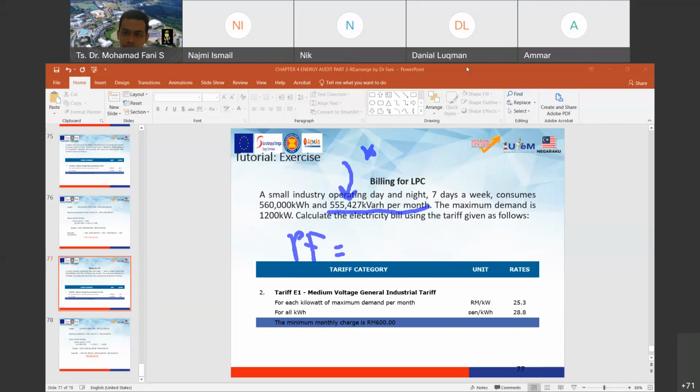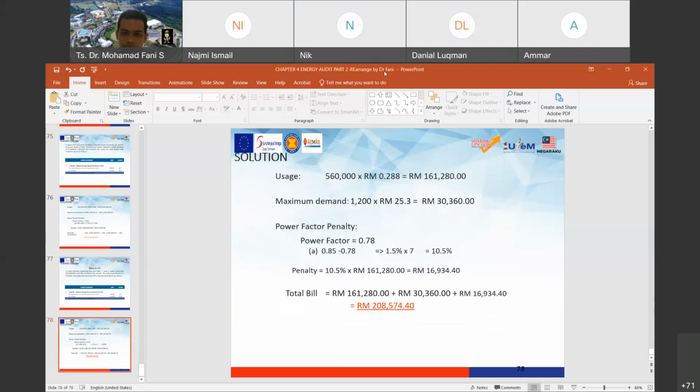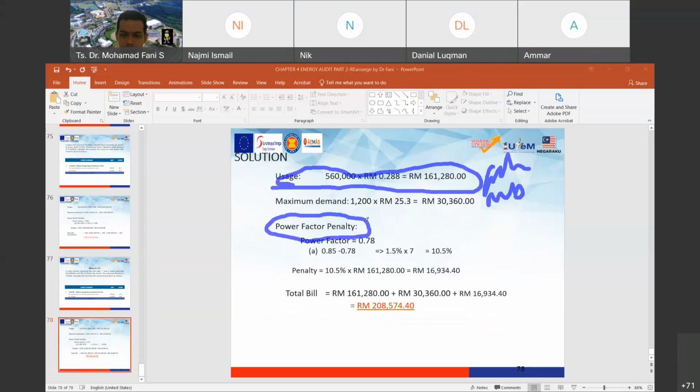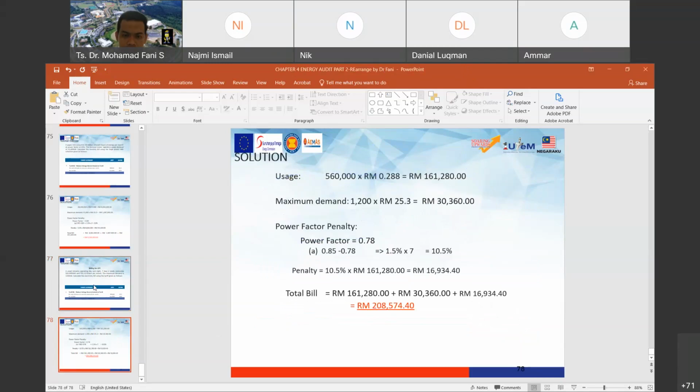Like this one, on how you can verify it: this one is the usage of kilowatt hour, I did mention the kilowatt hour. This one is usage for MD, and the other one is power factor penalty. So how to calculate the power factor by using this one?